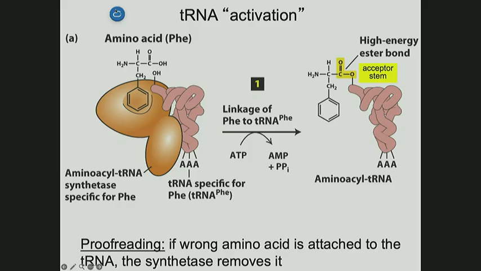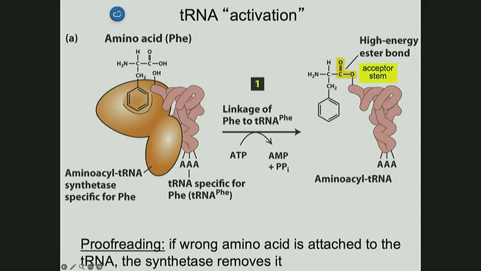This is done by specific enzymes called aminoacyl-tRNA synthetases. There are 20 different aminoacyl-tRNA synthetases because there are 20 different amino acids. In this particular example for phenylalanine, there will be a pocket where only the amino acid phenylalanine fits, and then another pocket where all of the tRNAs that can specify phenylalanine will fit.